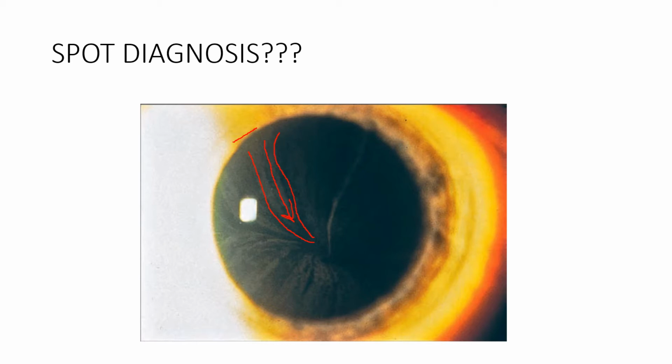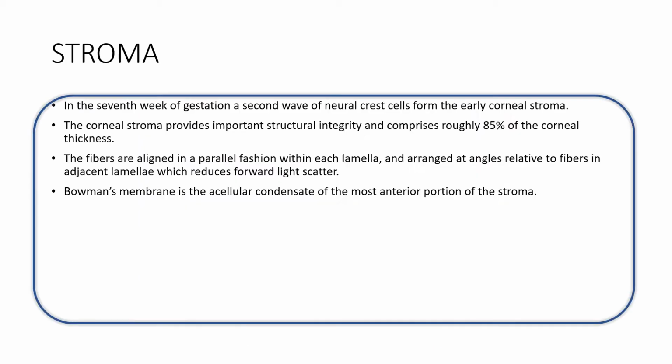This is deposition of a substance in Fabry's disease. This is vortex keratopathy or cornea verticillata, right? Now, this is in association with the X, Y, and the Z hypothesis, right?